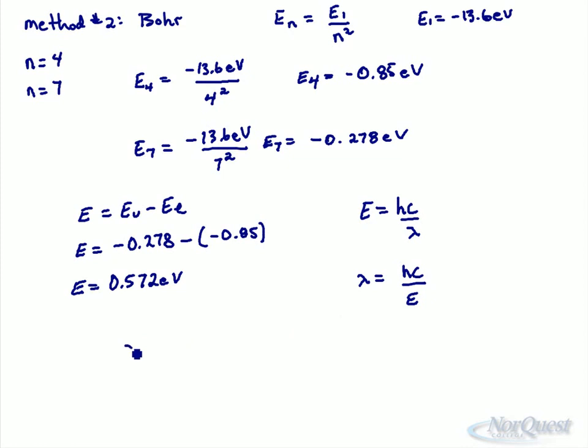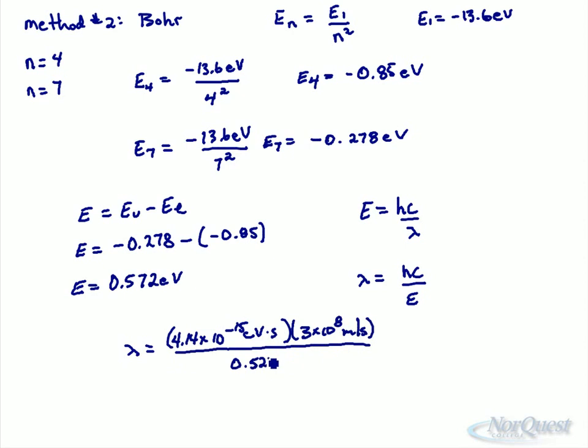So I'm going to use Planck's constant in terms of electron volts. Off my data sheet, it is 4.14 times 10 to the negative 15 electron volt seconds, times 3 times 10 to the 8 meters per second, divided by the energy, 0.572 electron volts.